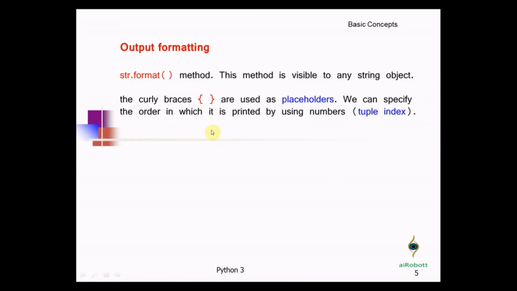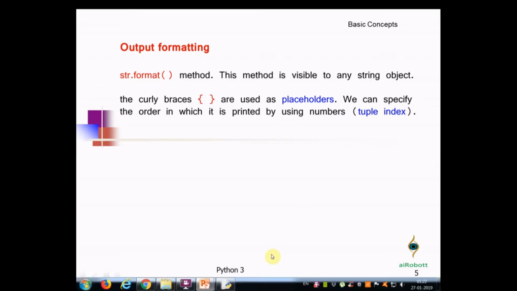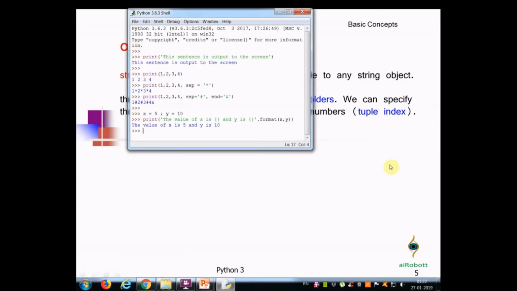Now we can specify the order in which it is printed by using numbers, the tuple index. Let's see that example. Print 'I love {0} and {1}'.